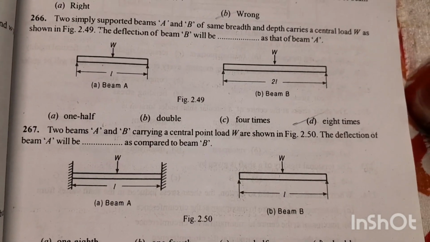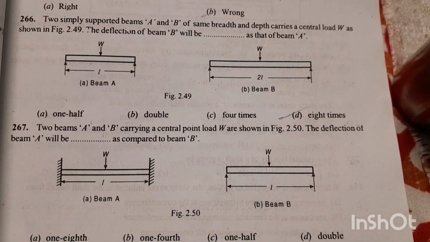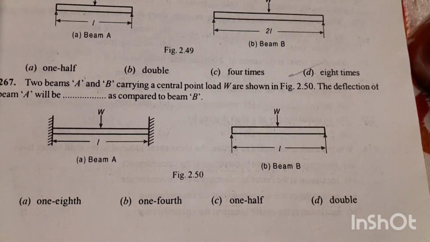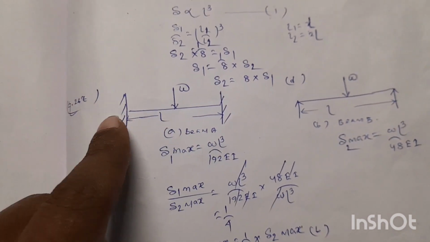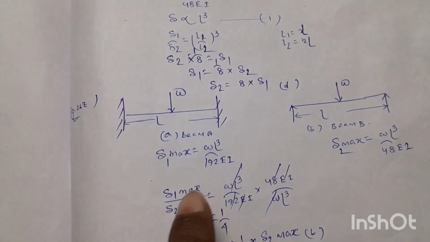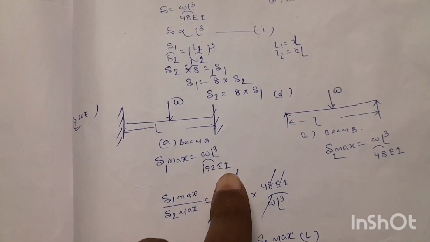Next question 267. Two beams A and B carrying a central point load W are shown in the figure 2.50. The deflection of beam A will be how much as compared to beam B. For beam A, the fixed beam subjected to a point load W, the maximum deflection del 1 max will be equal to WL cube divided by 192 EI.